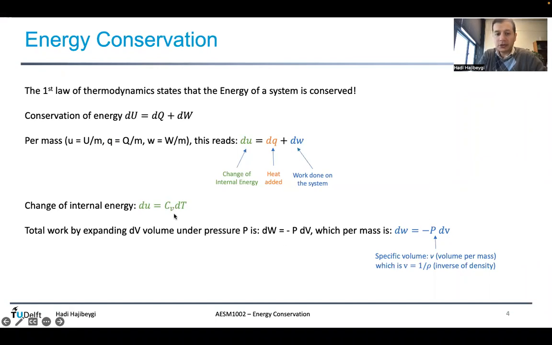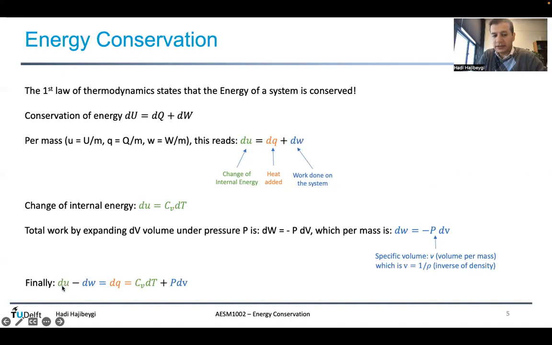And so I can use these two terms and substitute them in the conservation of energy for a closed system. That would mean that I can write my dQ, the small heat added to the system, as dU, internal energy, minus the dW.